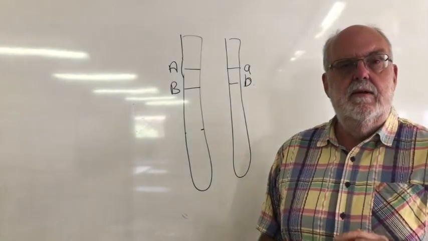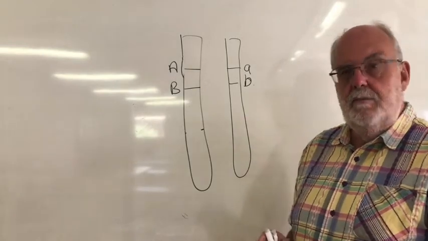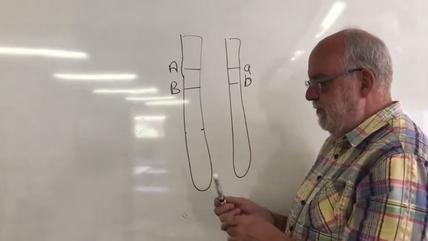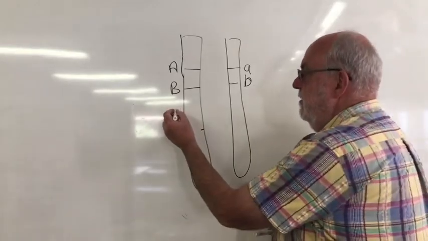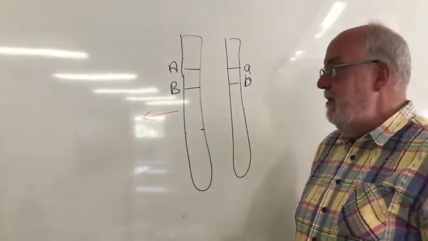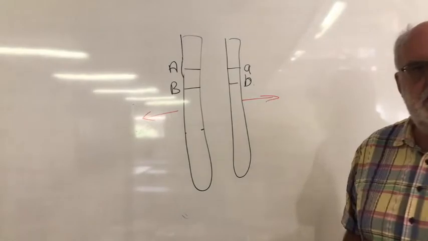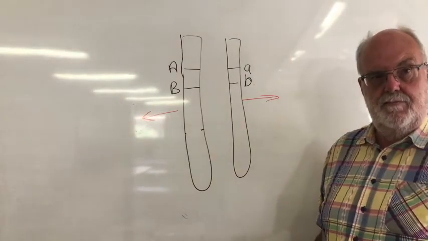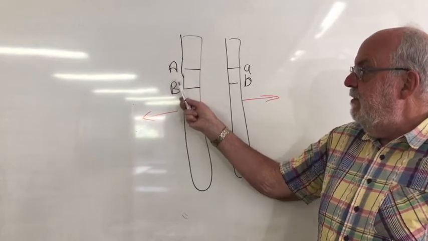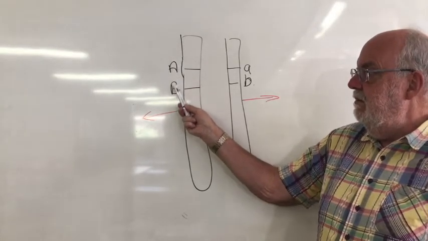Now in meiosis, you know that the chromosomes, the chromatids, move apart. And so you would expect this whole chromosome to end up in one gamete, and this chromosome to end up in a different gamete. But because these two genes are on the same chromosome, you expect them to be linked.